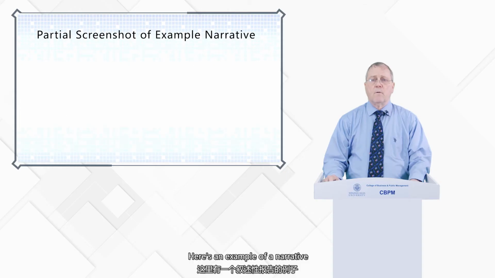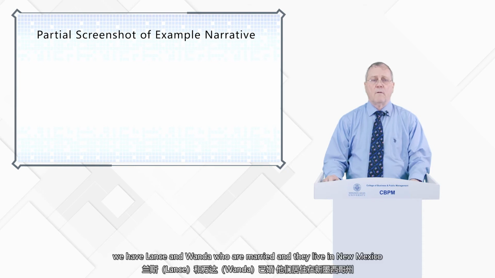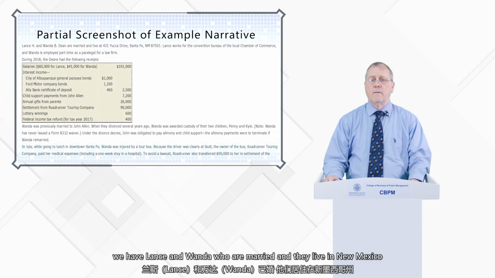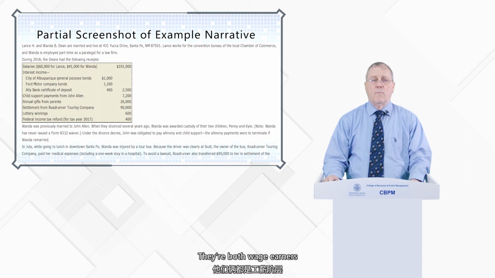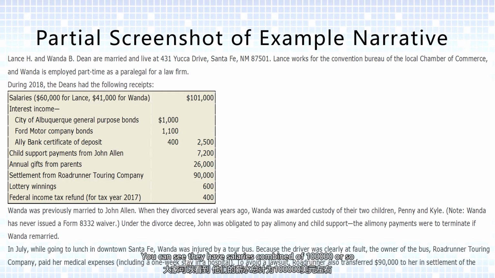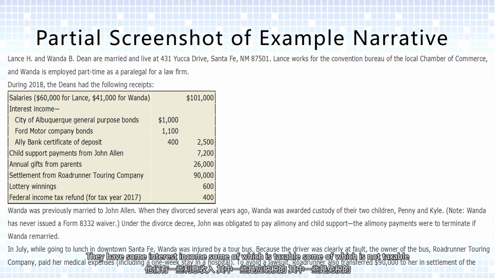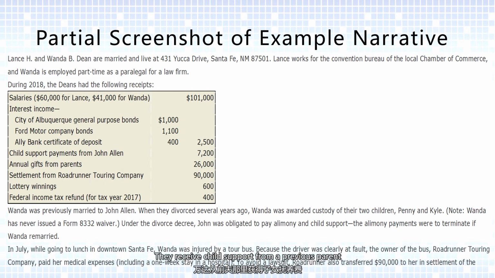Here's an example of a narrative. In this particular example, we have Lance and Wanda, who are married and they live in New Mexico. They're both wage earners. You can see they have salaries combined of $100,000 or so. They have some interest income, some of which is taxable, some of which is not taxable. They receive child support from a previous parent.